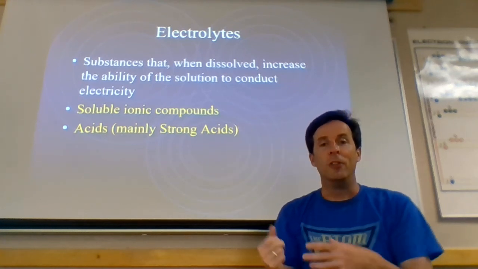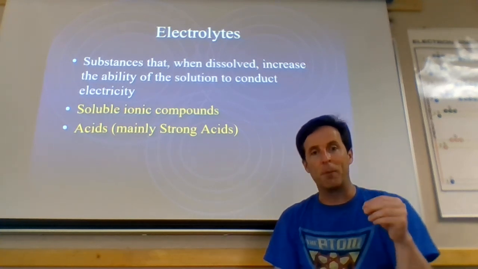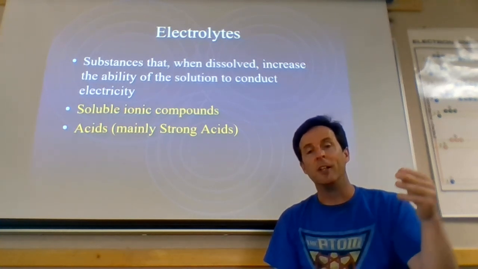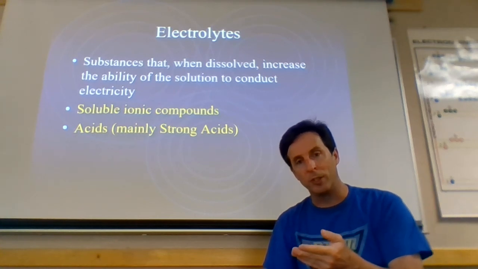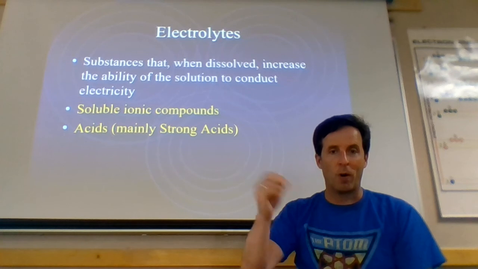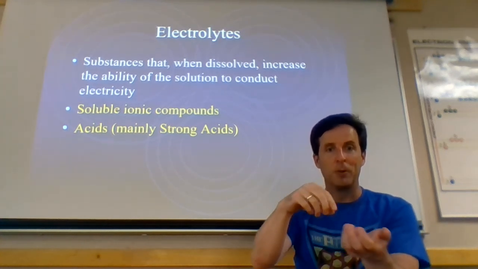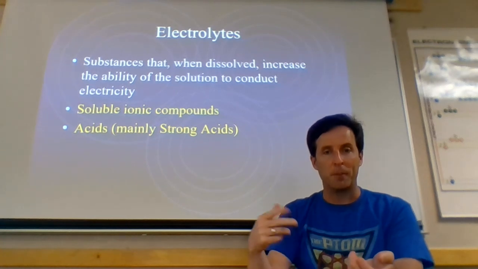So these are the compounds that if you dissolve them in water will make the light bulb turn on, because electricity can pass through the solution well. Okay, so if I dissolve salt in the water, sodium chloride in the water, and then put it up to that light bulb, it will conduct electricity and light up the bulb.